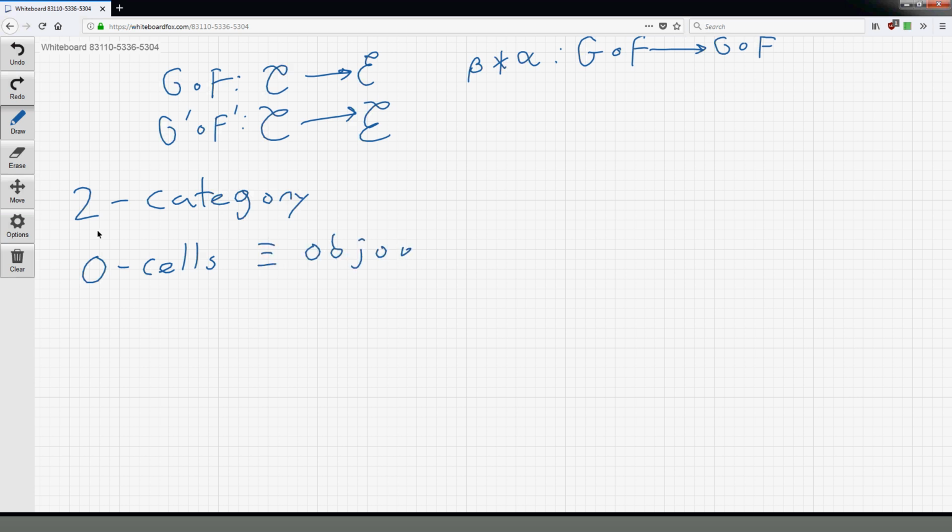That's what we call them. The one cells are actually the sets, or they're the categories of morphisms between objects.